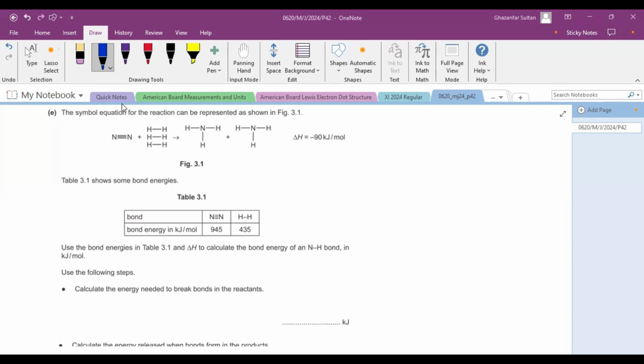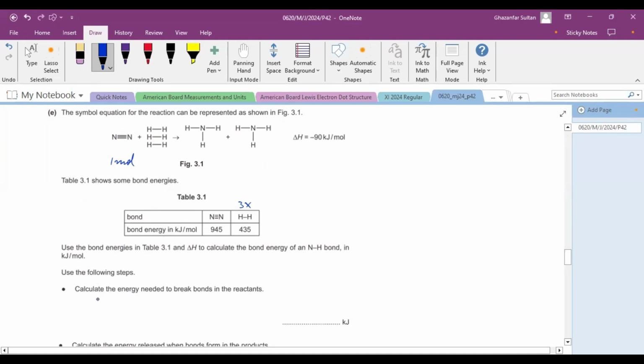We have 1 mole here, so it would be used as it is, but this one has 3 moles, so it would be multiplied by 3. Then we will get the amount of energy needed to break the bonds. The question says, use the following steps, calculate the energy needed to break bonds in the reactants. So how much energy is needed to break the bonds? And then finally we will calculate the amount of energy.